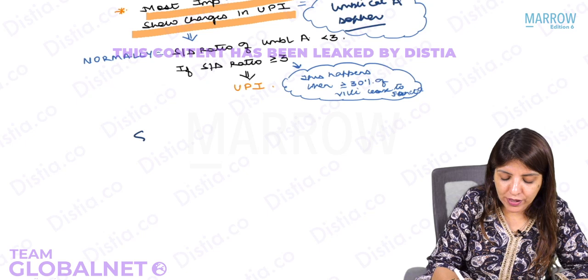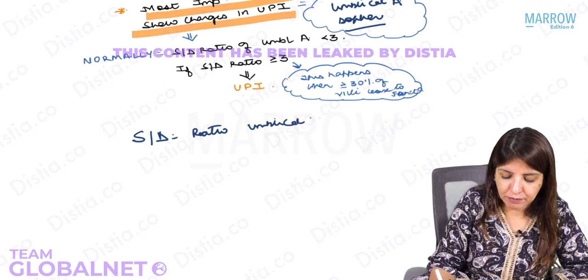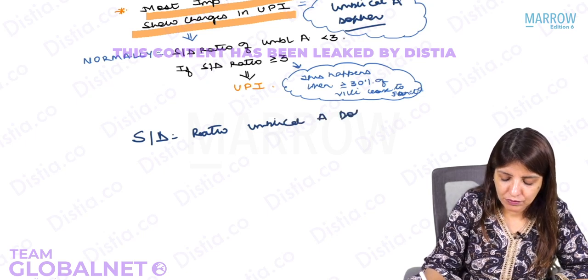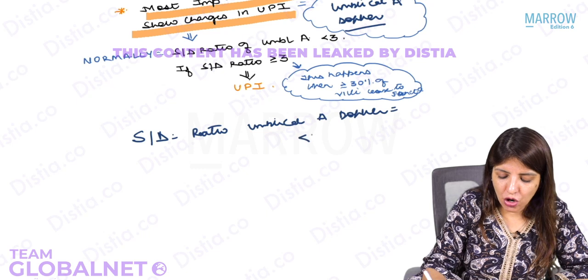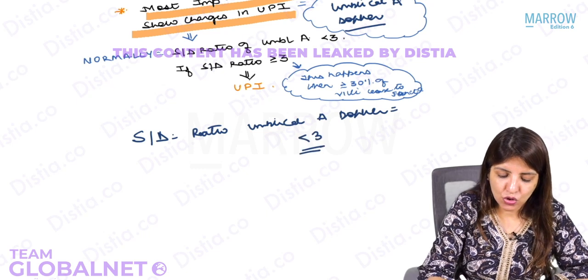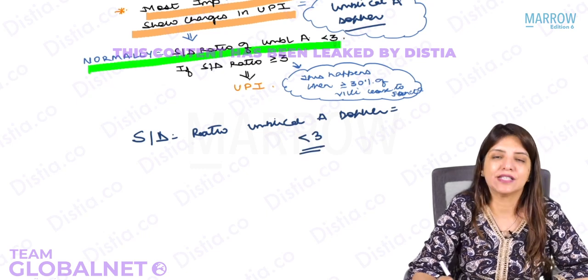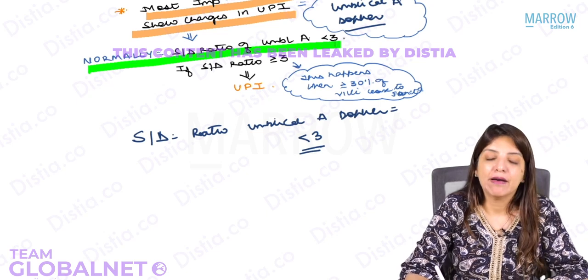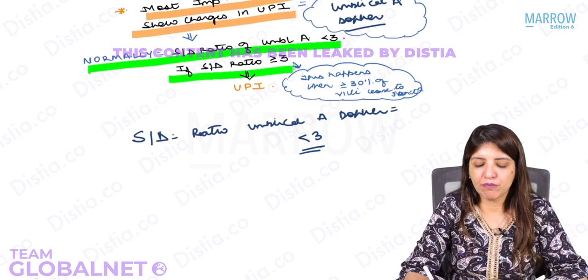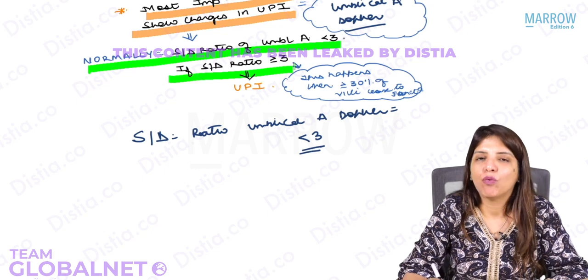I have told you in the previous video that the SD ratio in umbilical artery Doppler is normally less than 3. But if this SD ratio becomes more than or equal to 3, what does that mean?